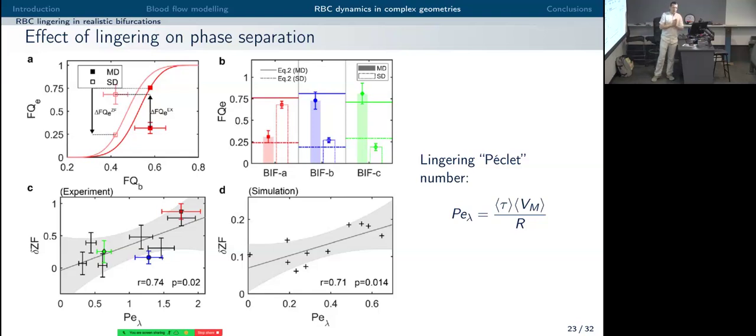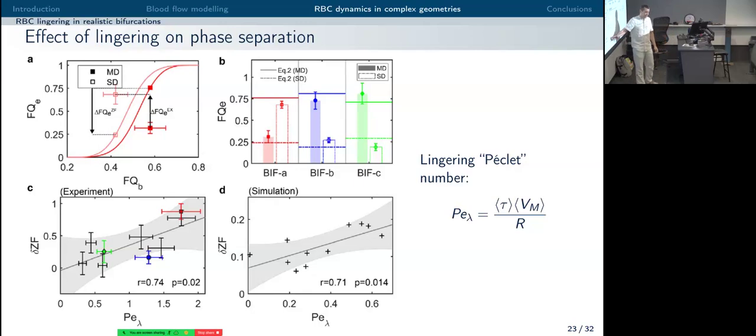It doesn't matter that much as long as it is a fixed value. And the Péclet number is simply the ratio of these two timescales. And this means if there's no lingering, tau is 0, the Péclet number is 0. And if there's a lot of lingering, the Péclet number is high. Okay, so whenever you see the Péclet number on the x-axis, going to the right means you have more lingering.